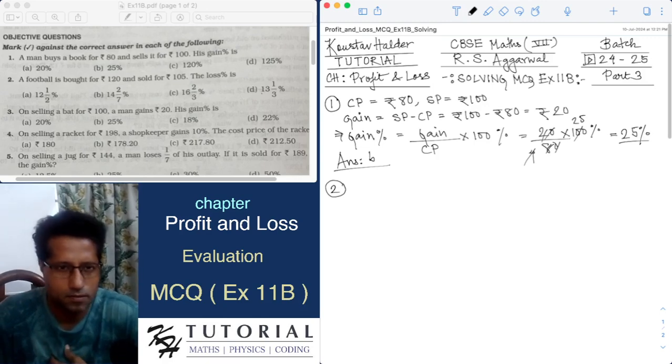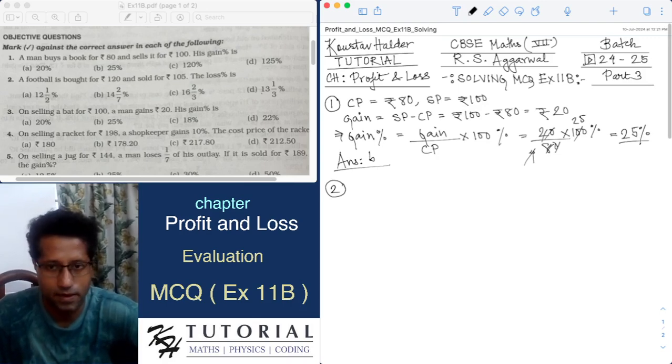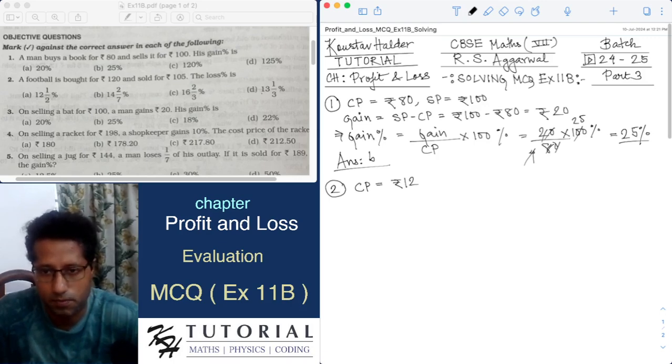Okay, let's do question number 2. A football is bought for rupees 120 and sold for rupees 105. The loss percent is, okay, since this is a very similar question to question number 1, but anyway I will do it since this is an MCQ. The football was bought means the buying price is the cost price, so cost price is rupees 120, and SP, selling price, is given to be rupees 105.